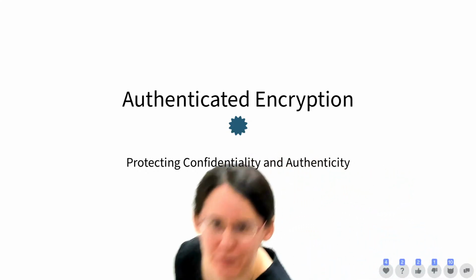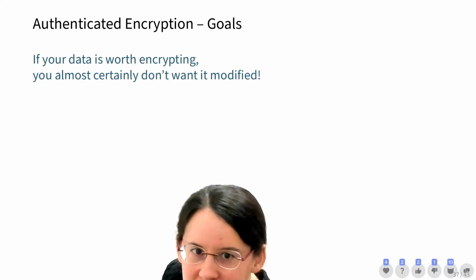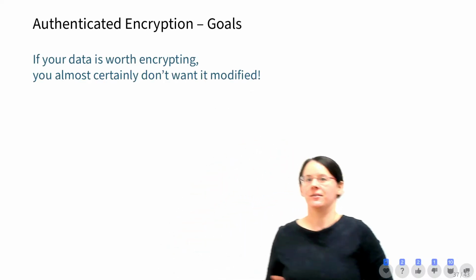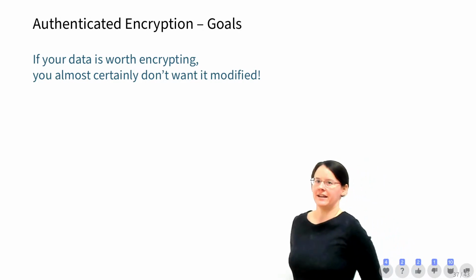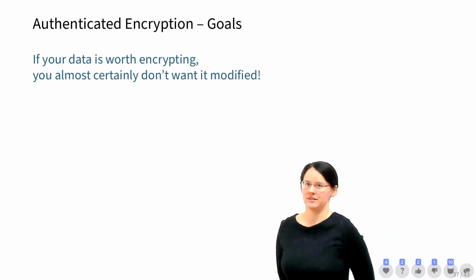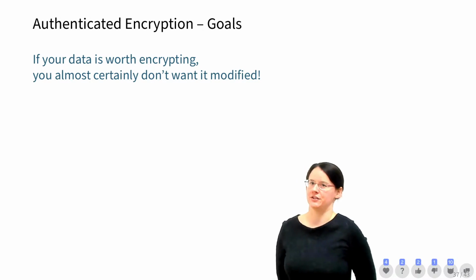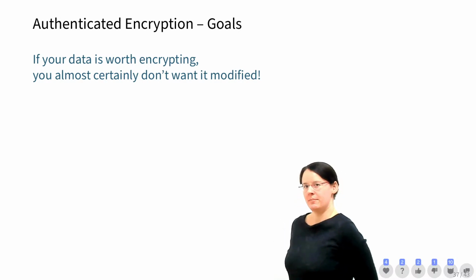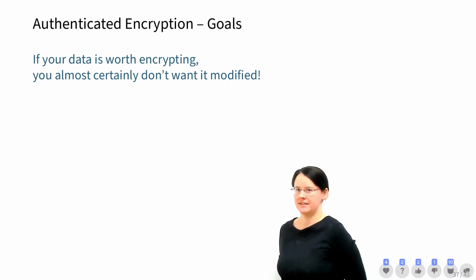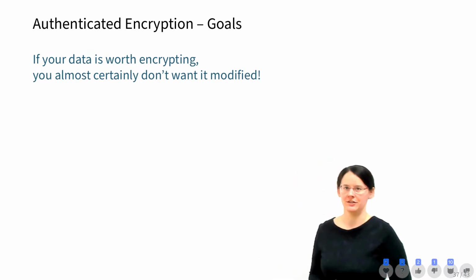And let's first get the focus back on the slides. Okay. So the main reasoning why you would want to do it is that if your data is worth encrypting, so it's sensitive enough to be encrypted to protect its confidentiality, then you almost certainly don't want anybody to manipulate it, because apparently it is sensitive, important information.